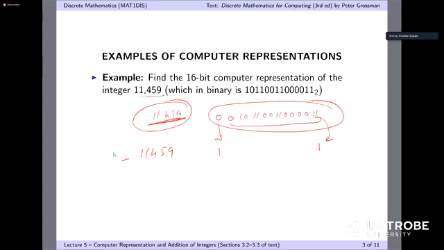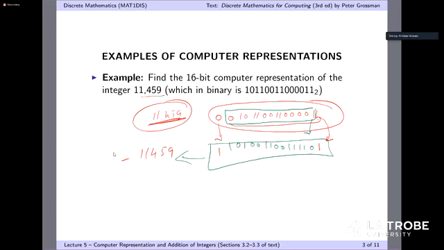All other numbers, I'm going to reverse them. So this one becomes 0, then 1, 1, 1, 1, 0, 0, 1, 1, 0, 0, 1, 0, 1. So this is the binary representation of negative 11,459. This is how negative 11,459 is stored on a 16-bit computer. You agree with me?